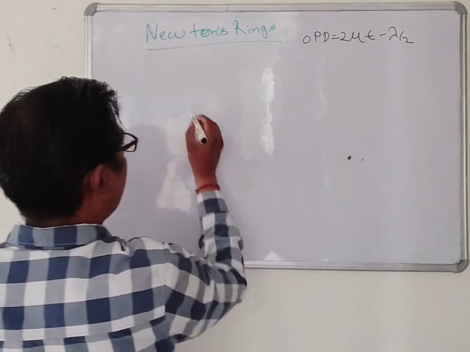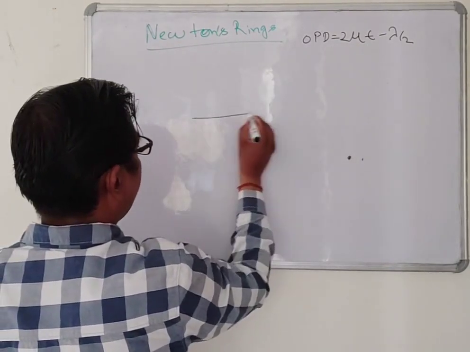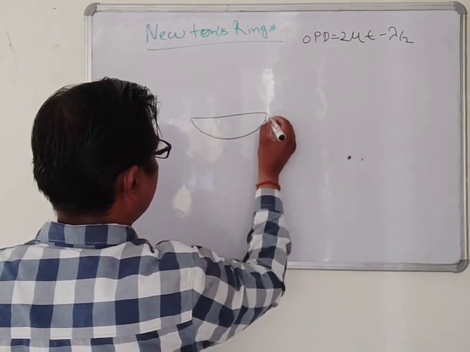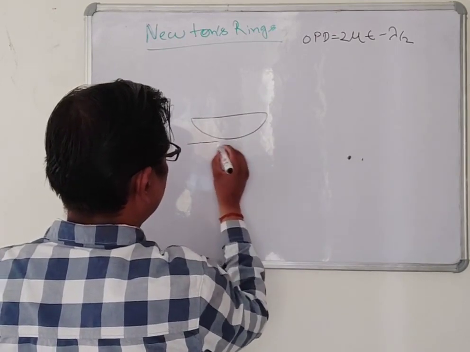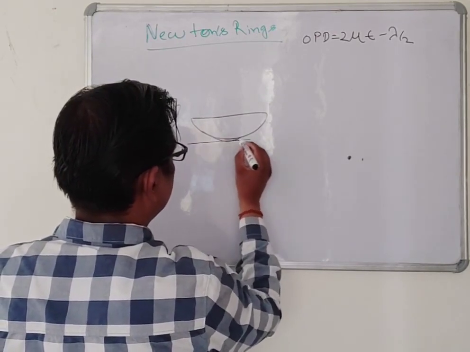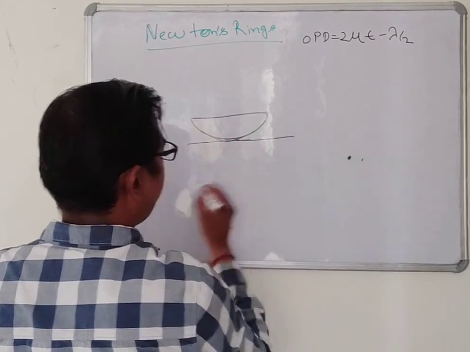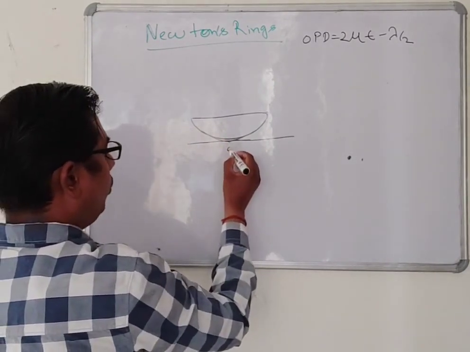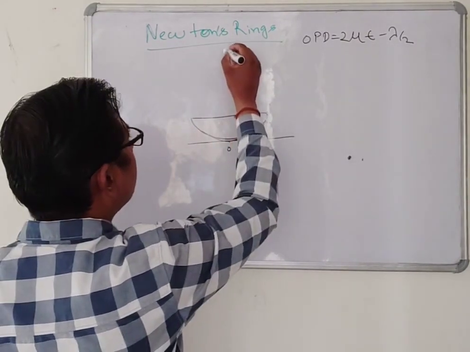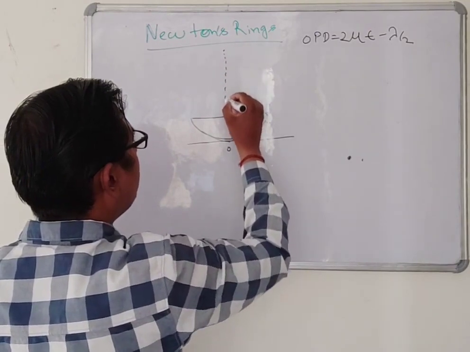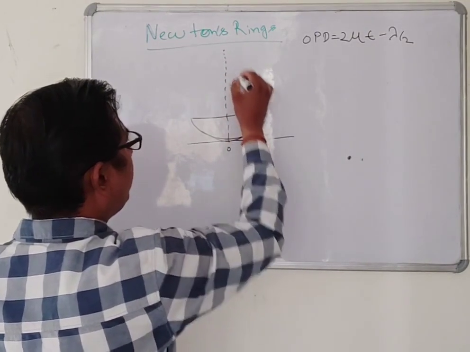Now what is the radius? You can see like that. This is the plano-convex lens. This is the glass plate. This is the O. Suppose R is the radius of curvature.